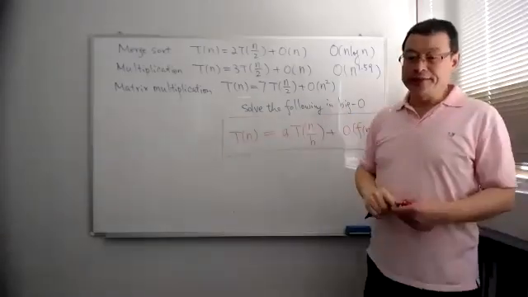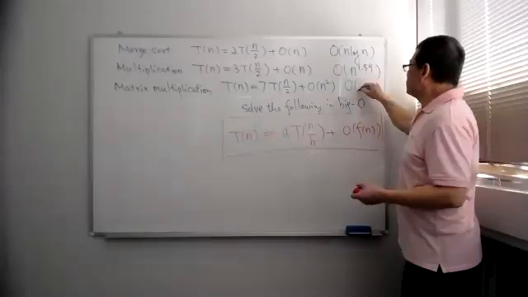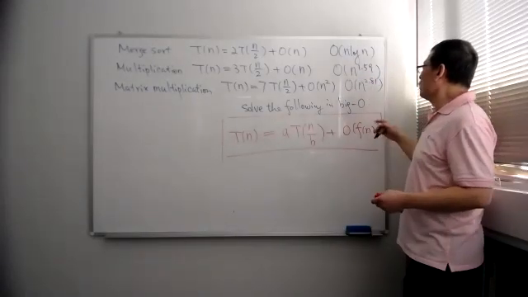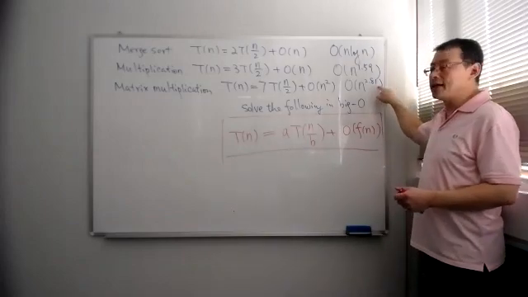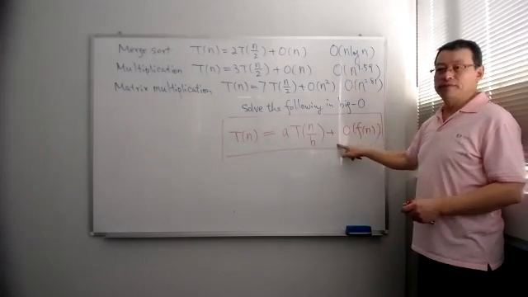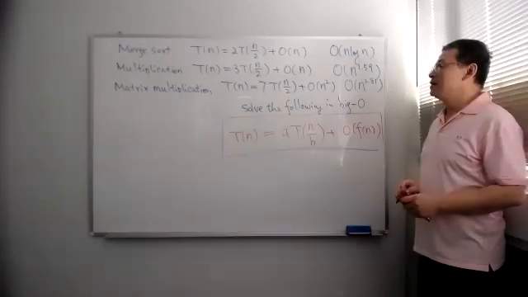Once we solve this one, the running time is n to the power 2.81 instead of n cubed. So all of them have this form. So it's very important now: how can we solve this recurrence relation?